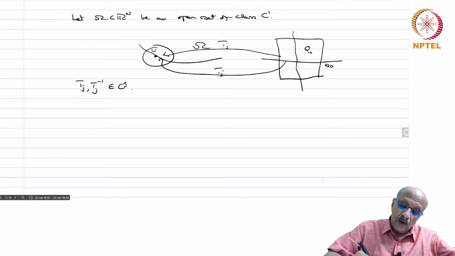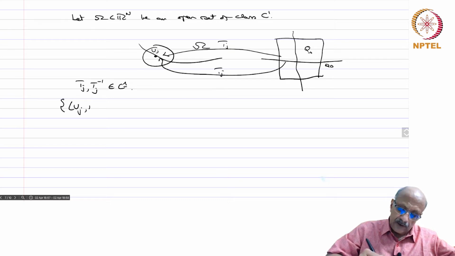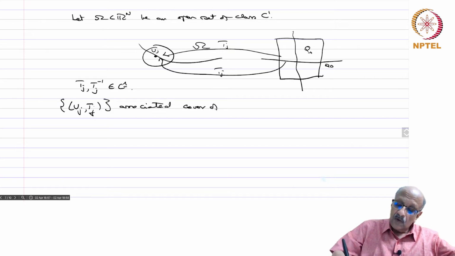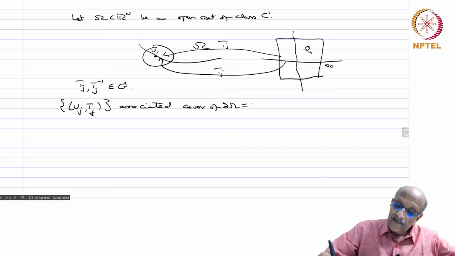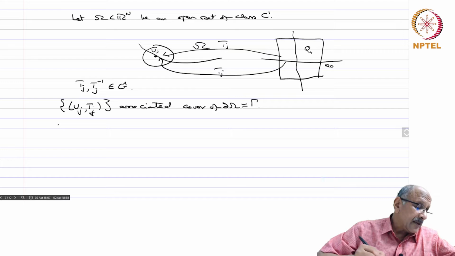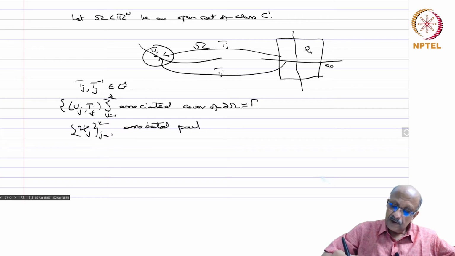Okay, so you can cover the boundary with Uj, Tj, the associated cover of d omega. Let us call that gamma. And then psi j, j equals 1 to k, the associated partition of unity.